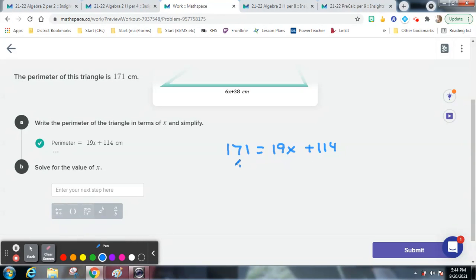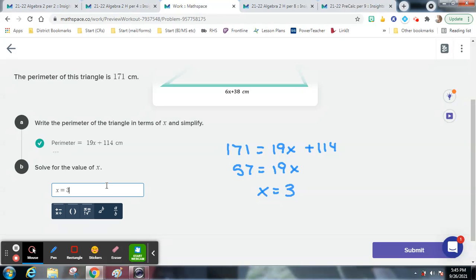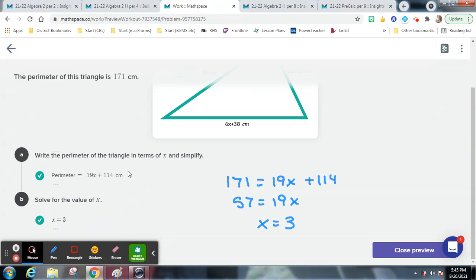I would subtract that over, get 57 equals 19x, divide that, and we get x equals 3. I think a lot of people probably were typing 171 equals and it was marking you off there, or you were jumping ahead before you simplified it.